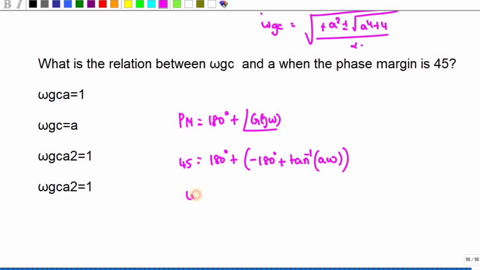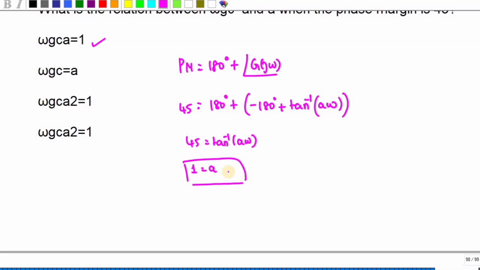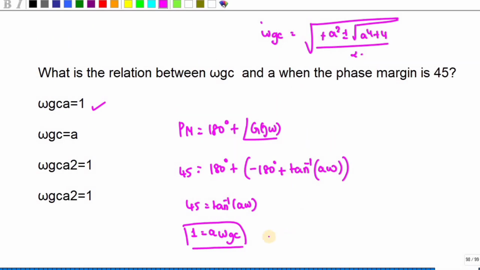That is equal to 45 degrees, which they have given. So 45 is equal to tan inverse of aω, tan 45 is 1. So 1 is equal to aω. Here omega is nothing but ω_gc. So I can write ω_gc is equal to 1 divided by a.